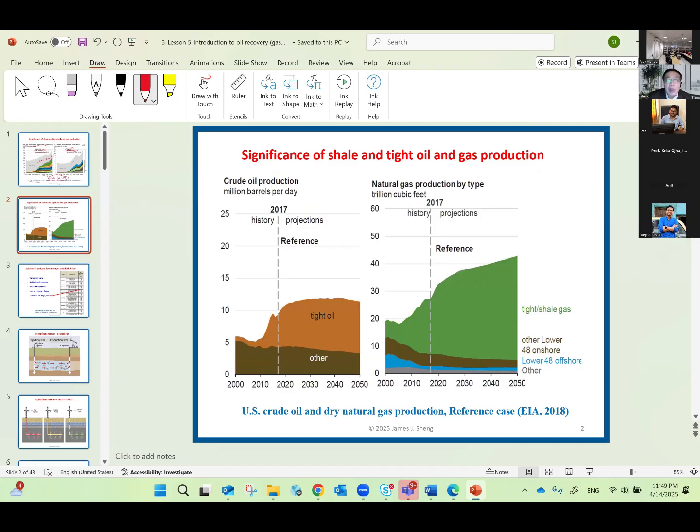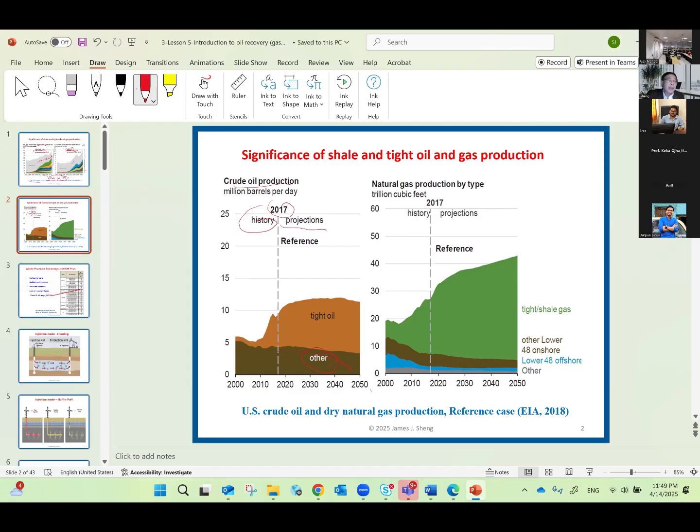So then let's look at the future. Now, the prediction: this data goes up to 2050. The left-hand side shows the oil production, with the history here and the prediction on the right-hand side. In the future, oil production from conventional reservoirs at the bottom will decline.